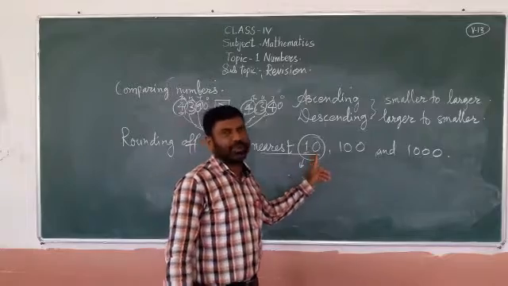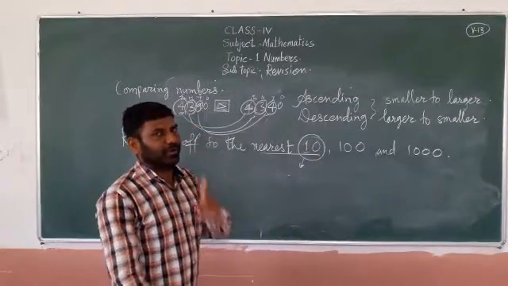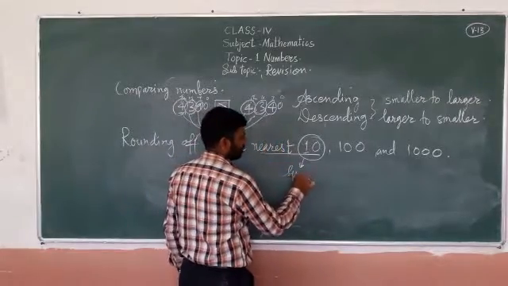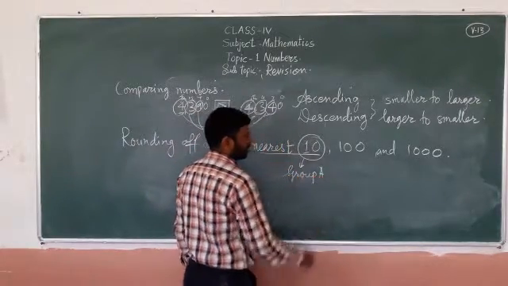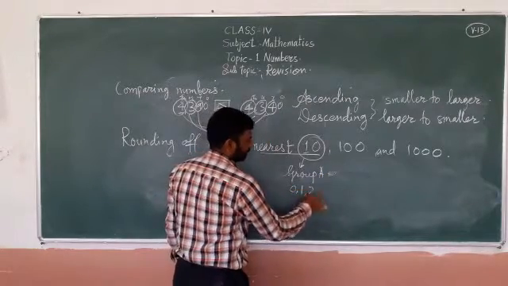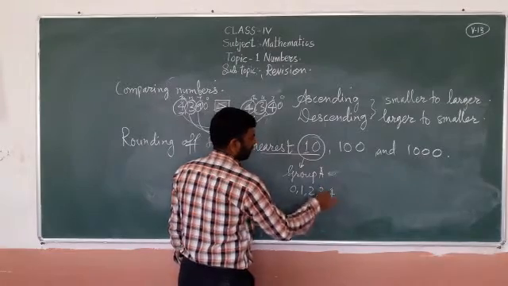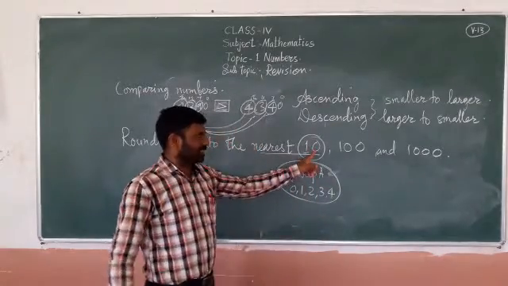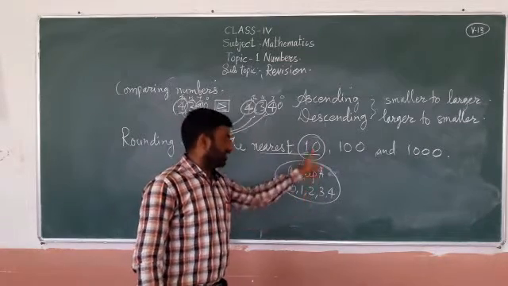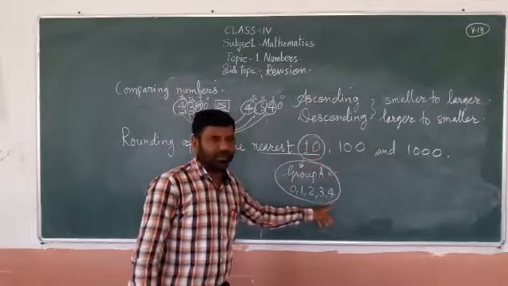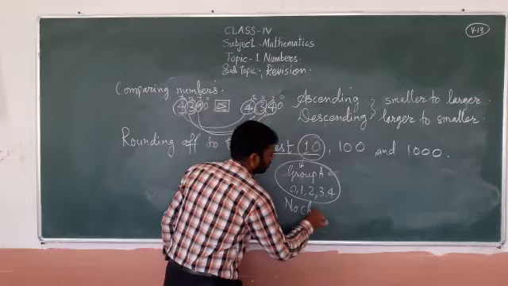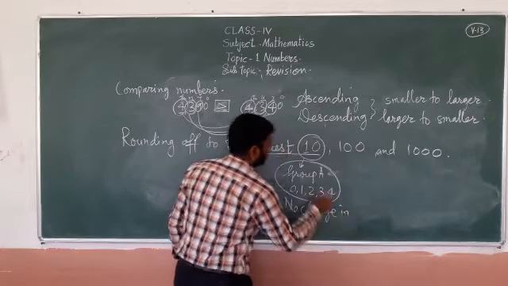Check whether the ones place is from group A or group B. Group A contains 0, 1, 2, 3 and 4. If the ones place is from group A, that is 0 or 1 or 2 or 3 or 4, then there is no change in the tens place.